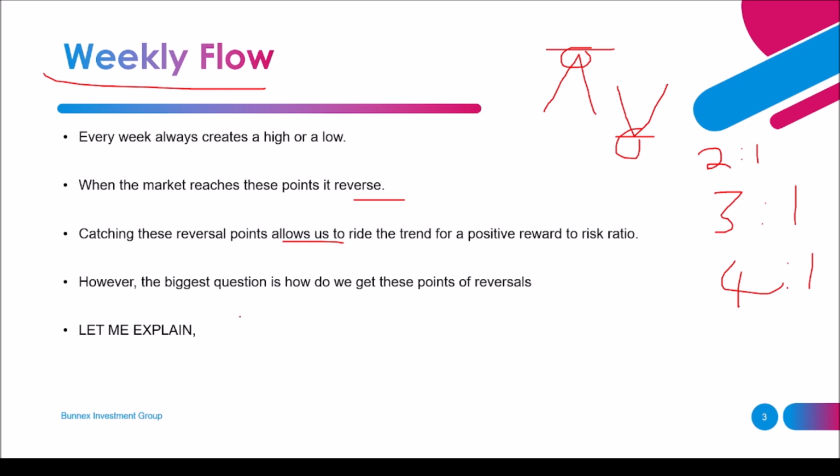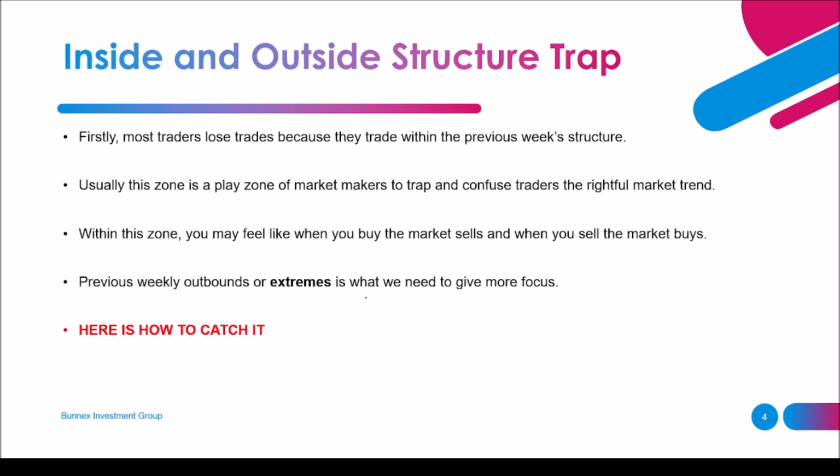However, the biggest question that you have now is, how do we get these particular points in subject? Let me explain. We are going to start off with the inside-outside structure trap. If we highlight this, you have a clarity of how you are going to catch those particular points.